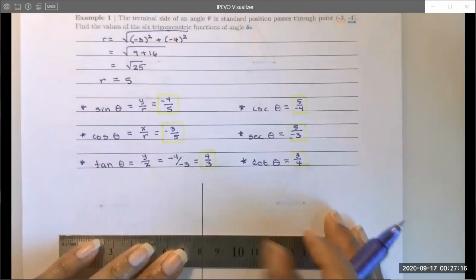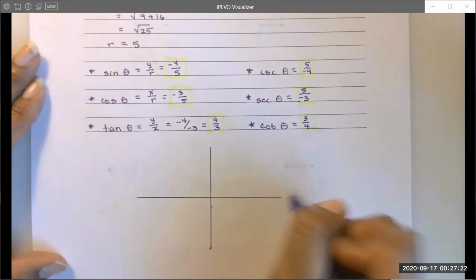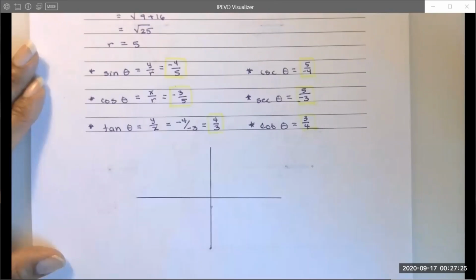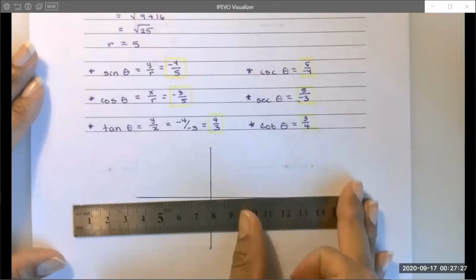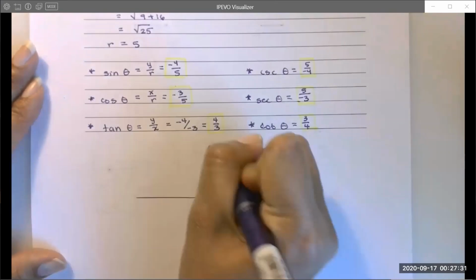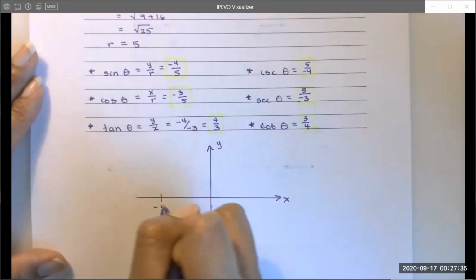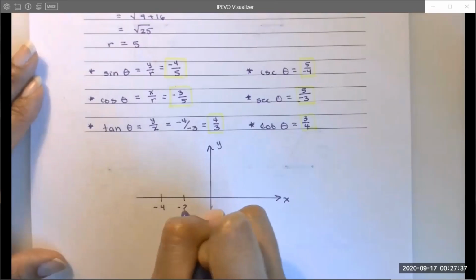So I'll draw the diagram down here. It looks a little crooked. Let's see. Is it really bad? Oh, it's not that bad. Okay, so we have x, y, and I'll make this -4, then -2.